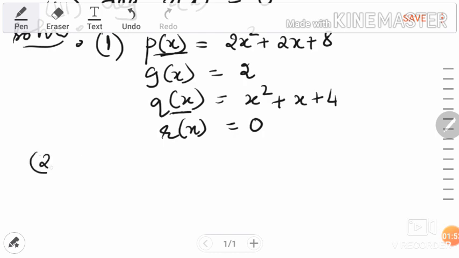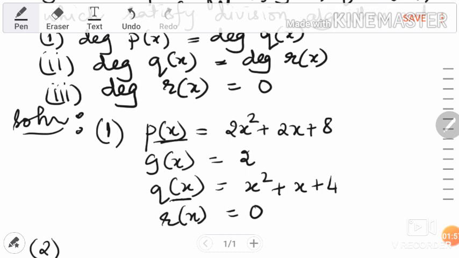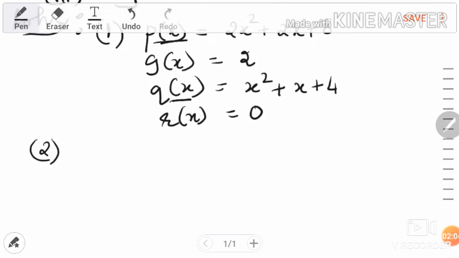Second example, the degree of quotient polynomial should be equal to the degree of remainder polynomial. So let's take p of x equal to say x cube plus x square plus x plus 1.